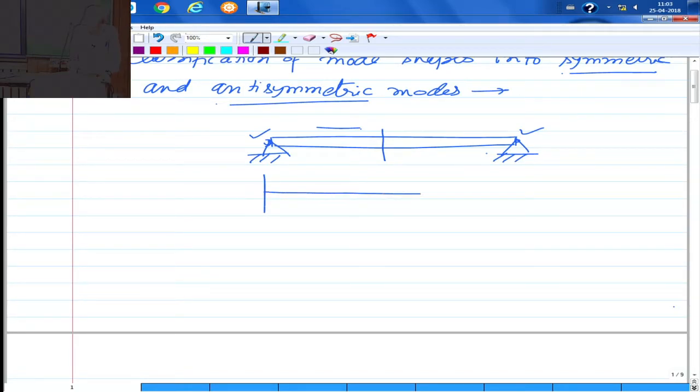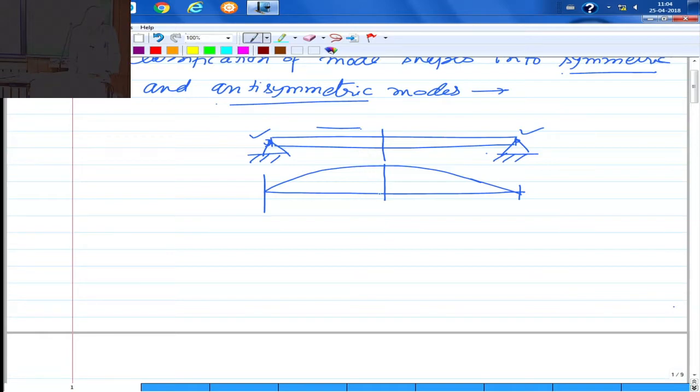The first mode would come out something like this, and that mode will also be symmetric about the center line.